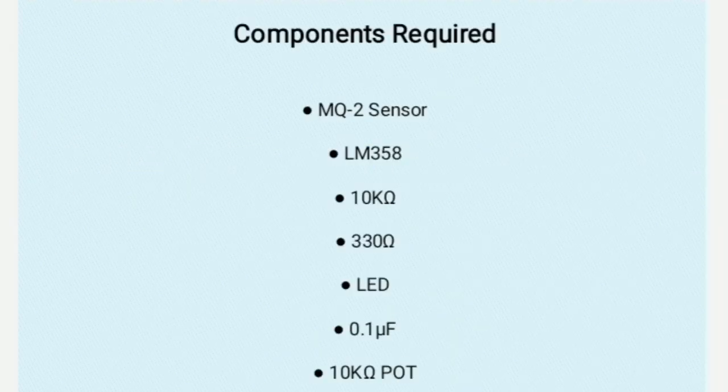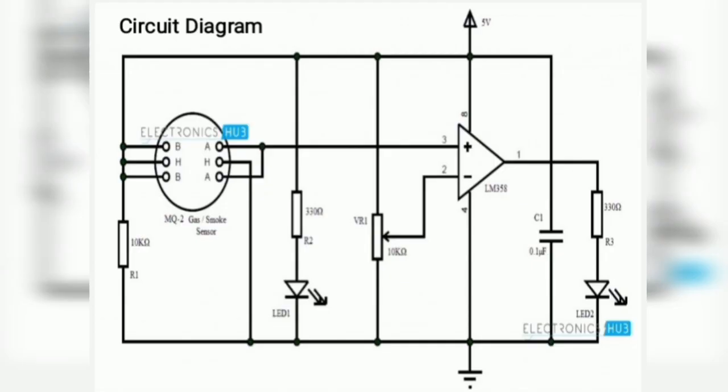Now we will see the smoke detector alarm circuit. The components required to build the circuit are an MQ2 sensor, LM358 operational amplifier, 10K ohm resistor, 330 ohm resistor, an LED, 0.1 uF capacitor and 10K ohm potentiometer. This is the circuit diagram of the smoke detector alarm.